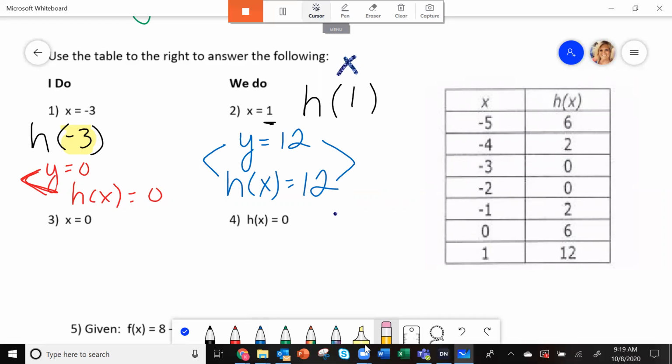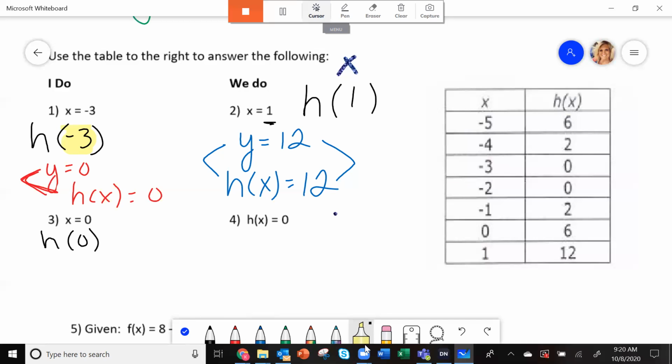All right, the next one, try number 3. Number 3 is the way we just did it. I want you to write it in function notation, and then I want you to find the y value. So what I'm asking you to do here, x equals 0. That's the same as h of 0.